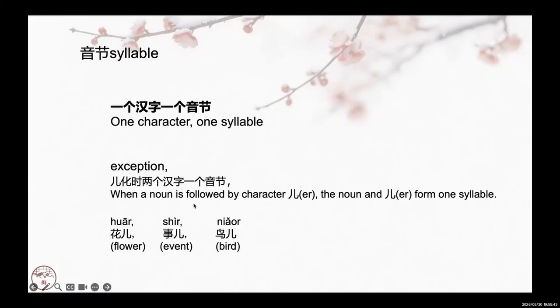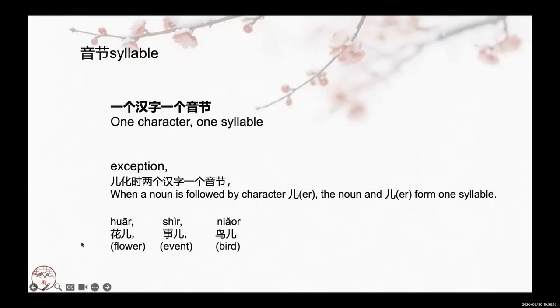So what is the rule? The rule is when a noun is followed by the special character 儿, the noun and the 儿 form one syllable, which means from the spelling of the pinyin, they share most of the things, because they are parts of one single syllable.